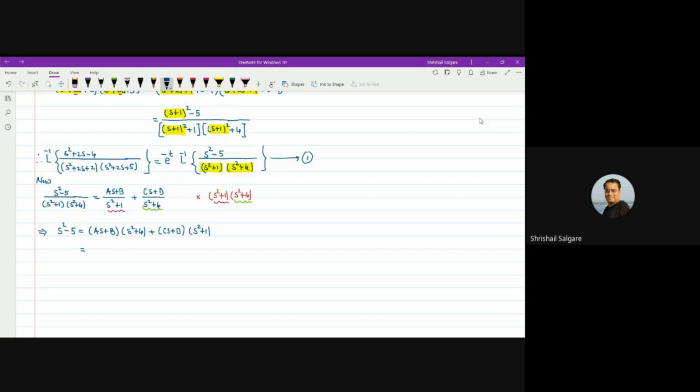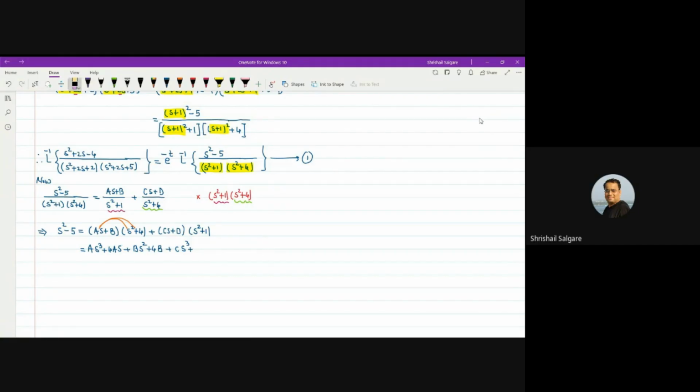And if you simplify term by term, look what we will do now. First, these two terms multiplied become a into s cube plus 4a into s plus b into s square plus 4b. In the same manner c into s cube plus, I made a mistake. The first term is correct, 4a s.